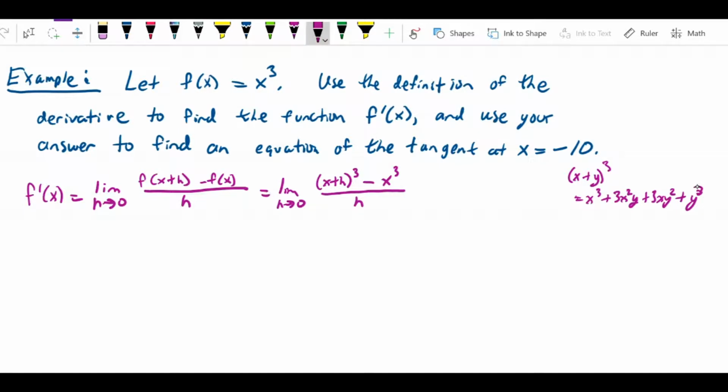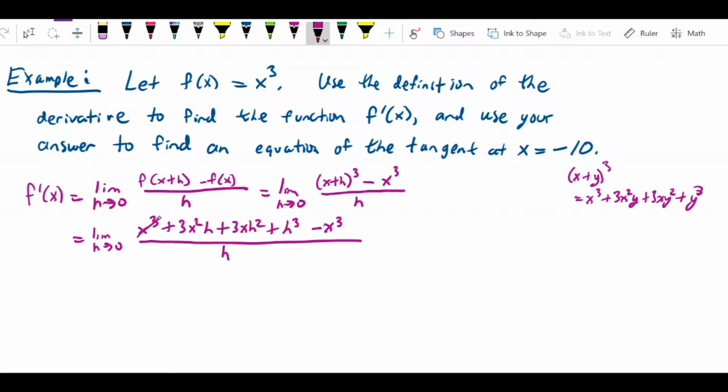So this is going to equal the limit as h approaches 0. I'm going to expand that x plus h expression. That's x cubed plus 3x squared h plus 3xh squared plus h cubed. And then I still have to subtract the x cubed that appears at the end. So those first 4 terms are the expansion of x plus h cubed, and then I'm subtracting x cubed. So that all goes over h.